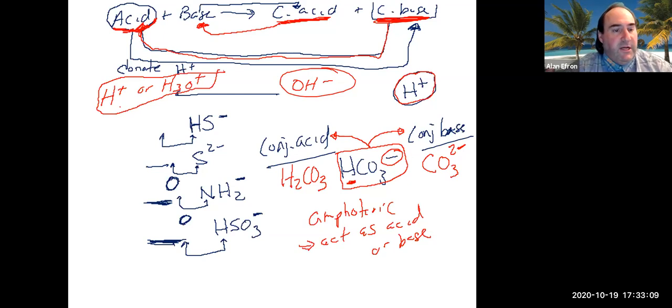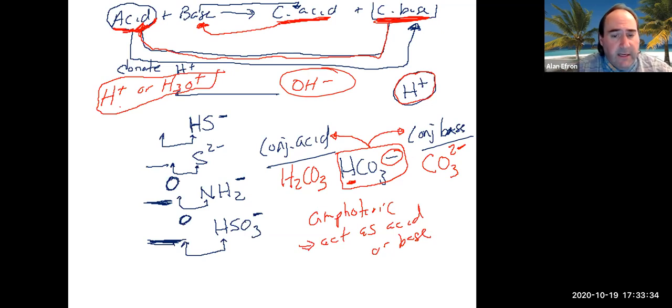A more general definition of acids and bases, the one most people think about, is the Bronsted-Lowry definition. In the Bronsted-Lowry definition, an acid is a proton donor, something that will donate an H plus. A base is something that will accept an H plus. It's important to remember that it's not just the H that gets donated, it's also the plus part, so it affects the charge.